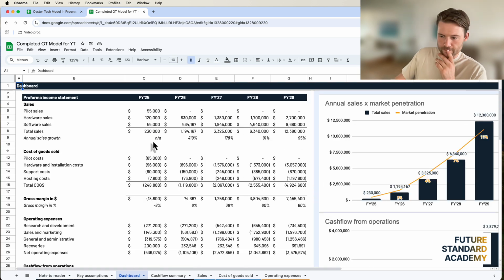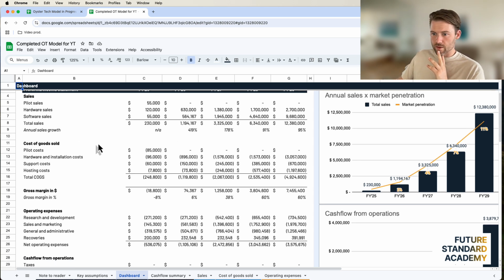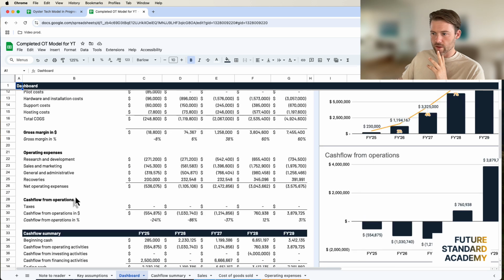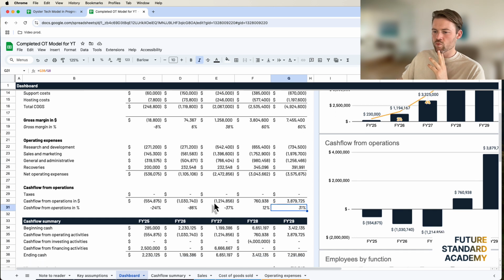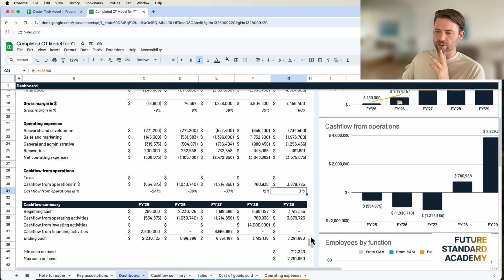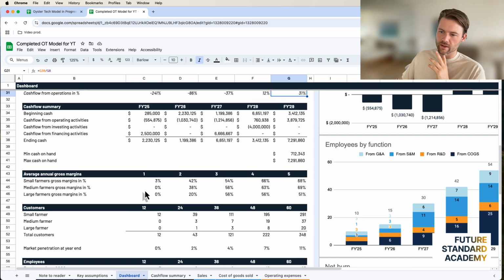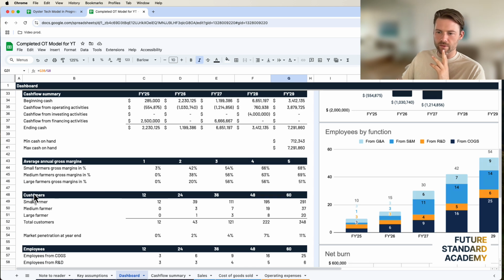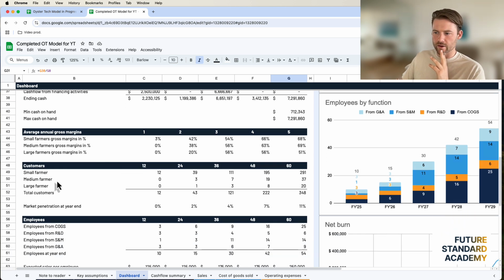Here's the dashboard. So we have the 5-year financial statement, same flow of information that we just talked about, ending with cash flow from operations, which would kind of be like net income in this case. And then a calculation of cash balance over the years. And then there's some other things like metrics on, I count up the amount of customers that are implied from the model.